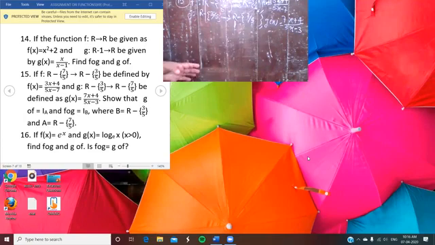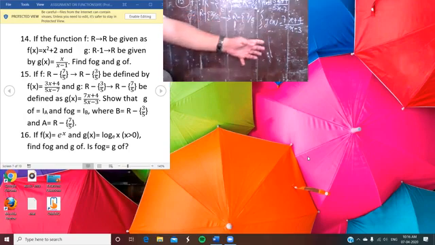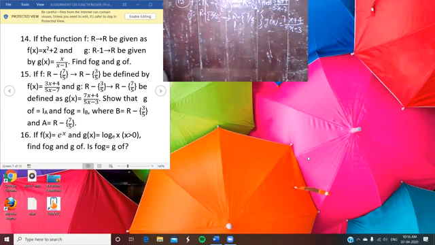So here you only have to find the value of gof and fog and check it against this type of value. No doubt here f and g both are in terms of x, so its value is also x. Just find them one by one. First of all, you find g of f. So g of f(x) means g of f(x).